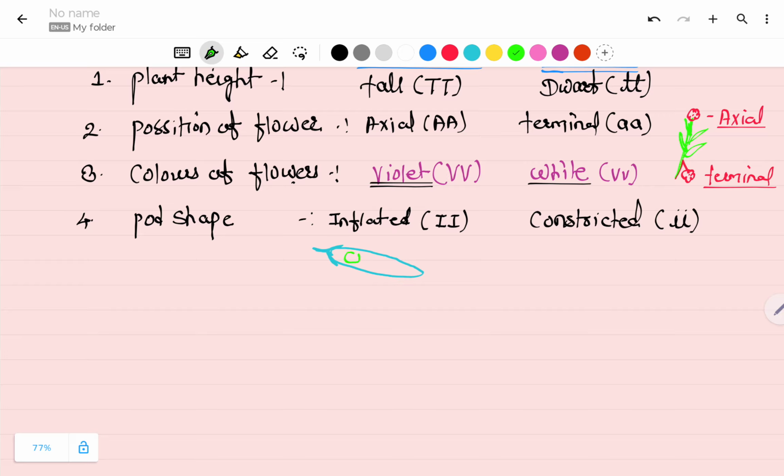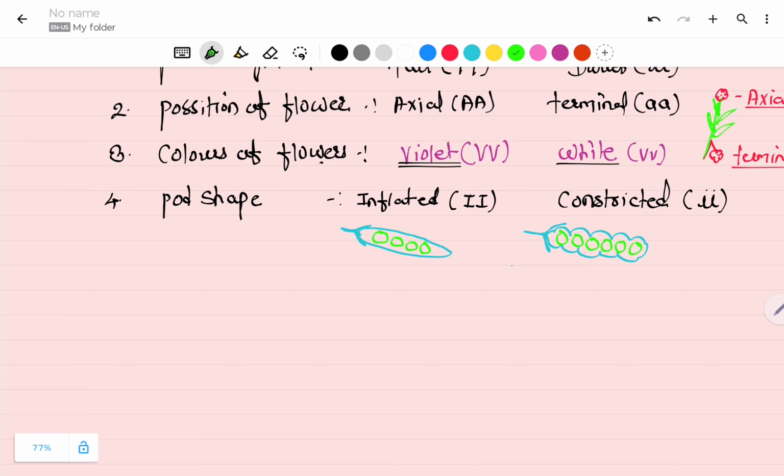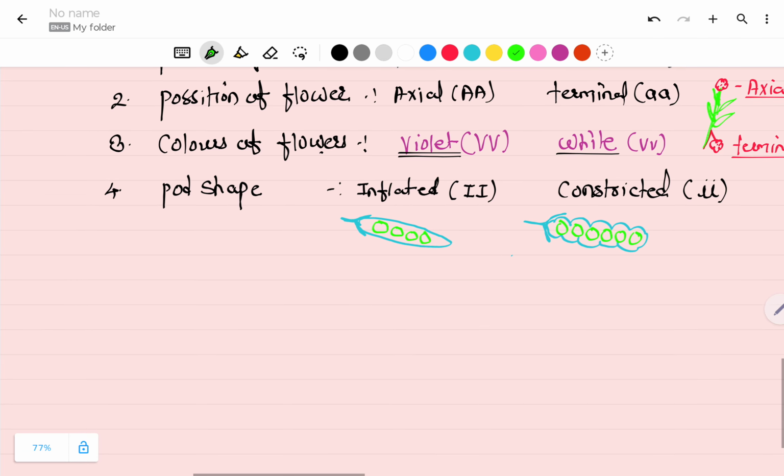So on the basis of the pod shape, inflated is dominant and the constricted becomes the recessive pod.